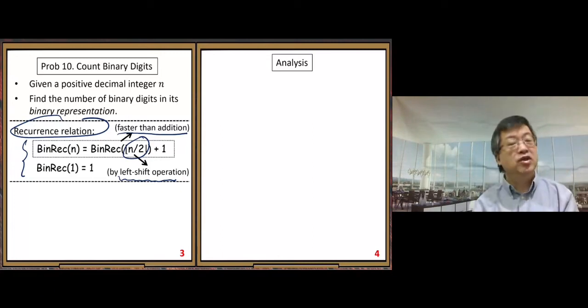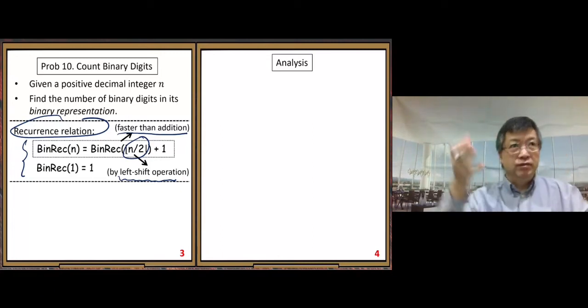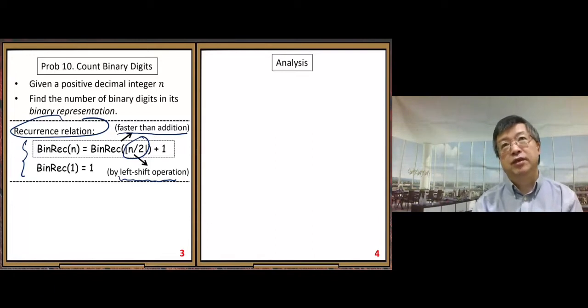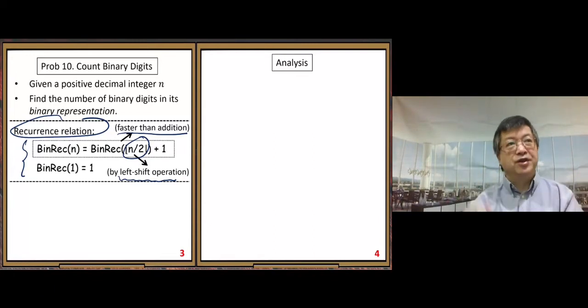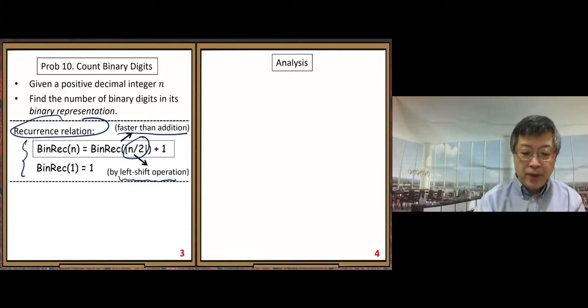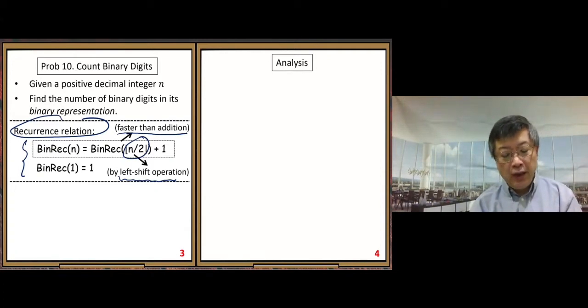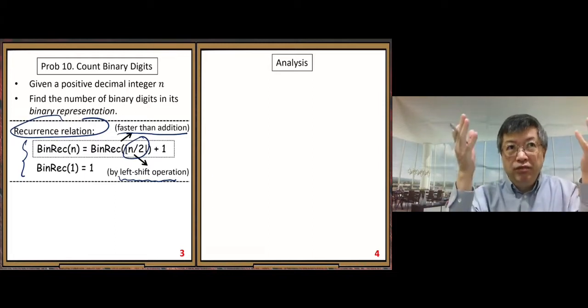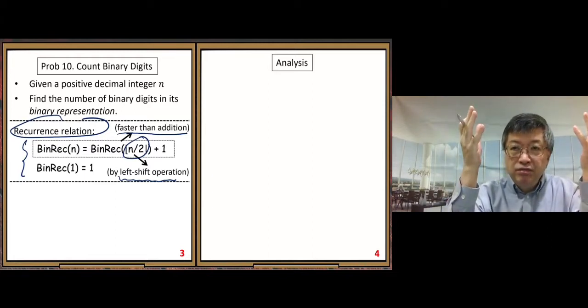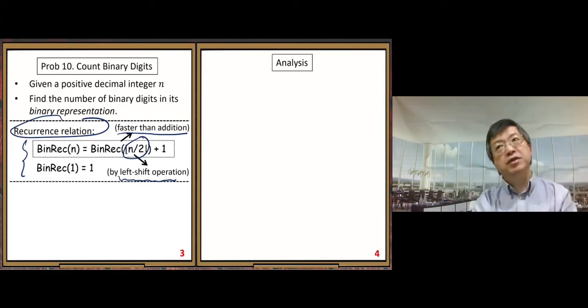But shift is pretty fast, really fast internally. So that's why here the division is not that bad. Usually division is very slow, but the special shifting operation is a really fast, nice operation we want to have.